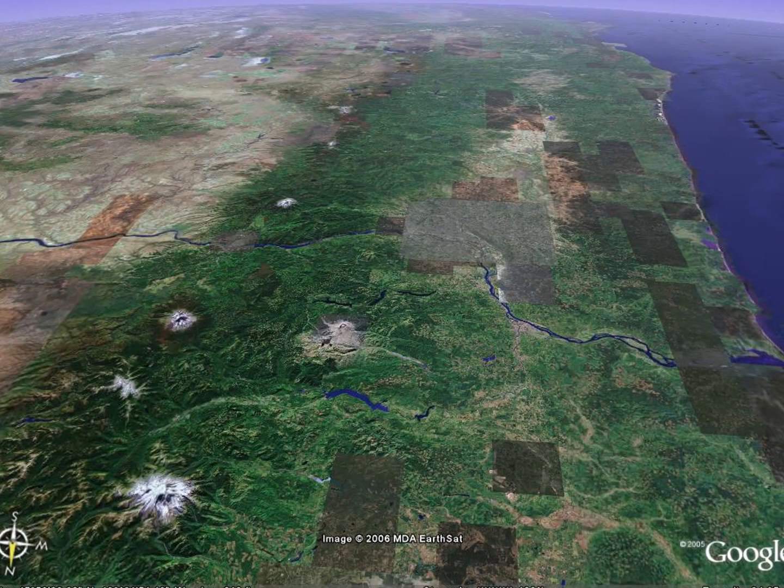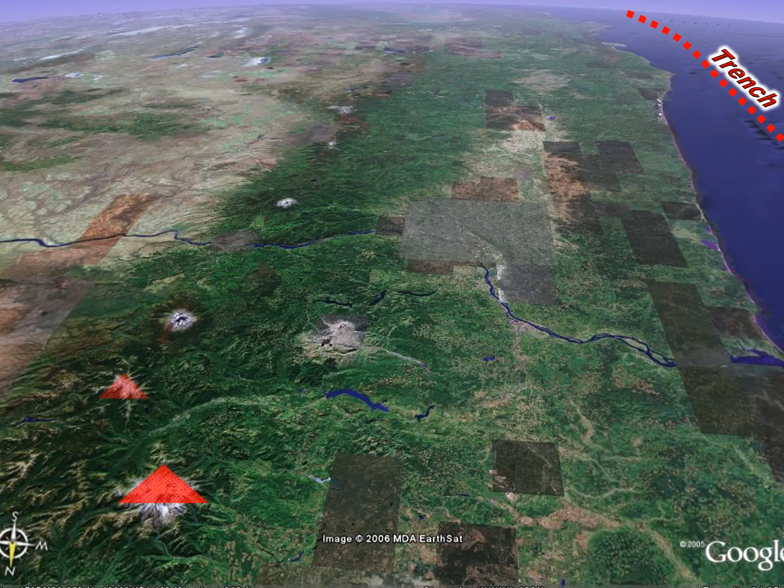A good example of this kind of subduction is in Oregon and Washington and Northern California. So what we're doing here is we're looking southward from over the state of Washington, and that's the Columbia River there. And what we see is off the coast, there's a trench. Of course, that's under the ocean, so we can't really see it.